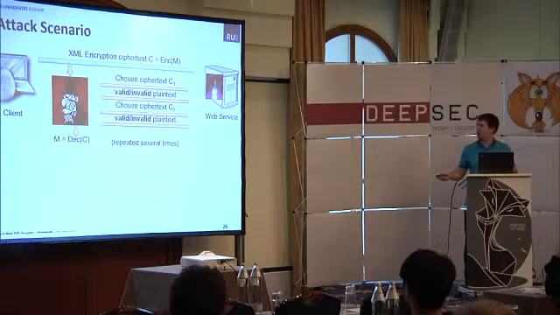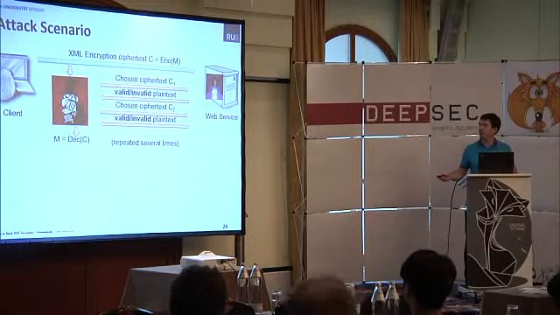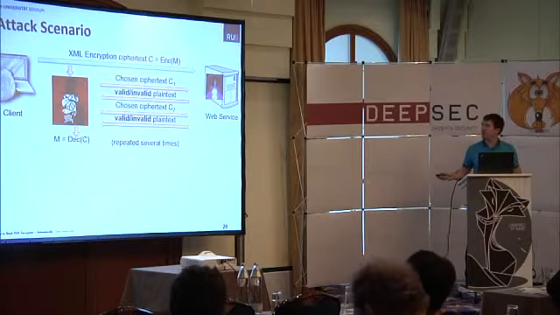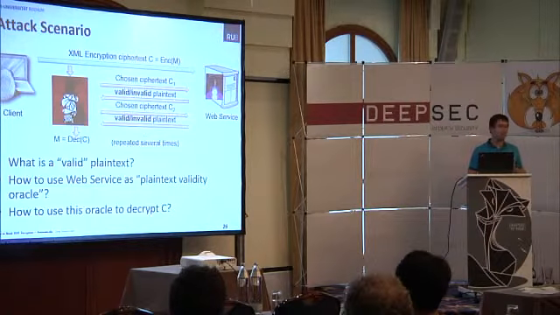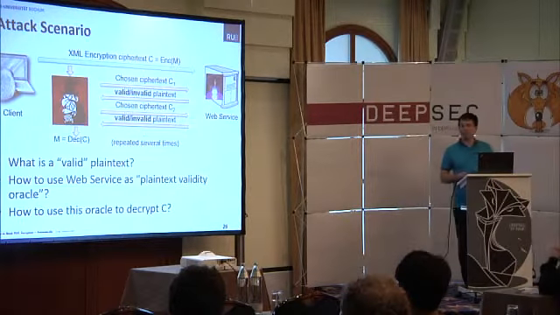So we have an XML encryption ciphertext, and the attacker sends several ciphertexts to the web service, modifies them, and at the end he can decrypt them. So maybe you ask now several questions. In the next few slides, I will show you what is a valid ciphertext and why we can use a web service as ciphertext validity oracle, and how to use it to decrypt a ciphertext.